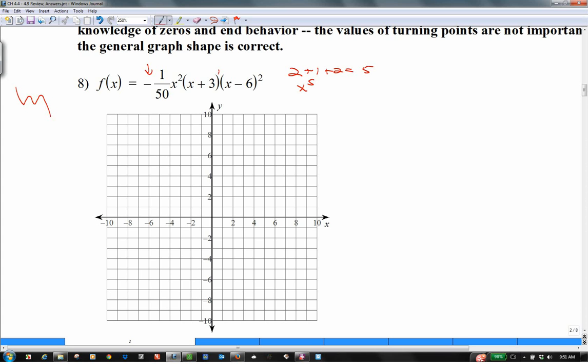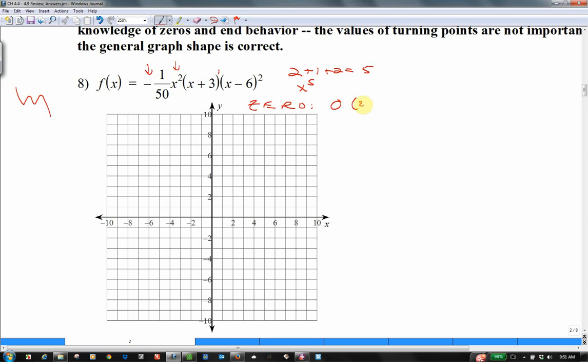So let's go ahead and add the zeros in. Now, anytime I have a squared, I'm going to have a repeated 0, and it's just going to touch that point and turn the other direction. So I have a 0. I have one of them at this term right here, where x squared, that's going to give me a 0 at 0, and I'm going to have 2 of them there because it's repeated, right?